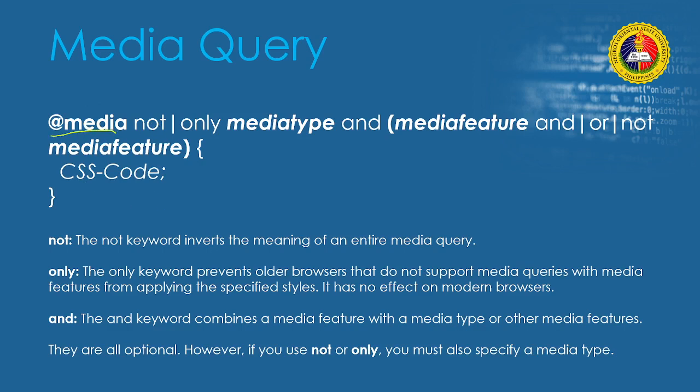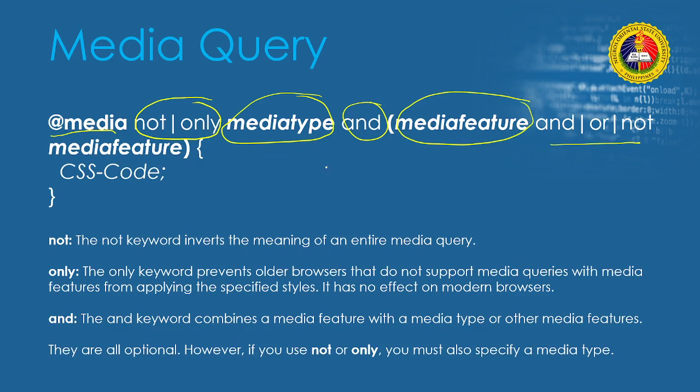Then not or only, so it could be either not or only, and then the media type, then and media feature, and or not media feature. Don't you worry, we're going to talk about this one by one, what not and only are, and so on.